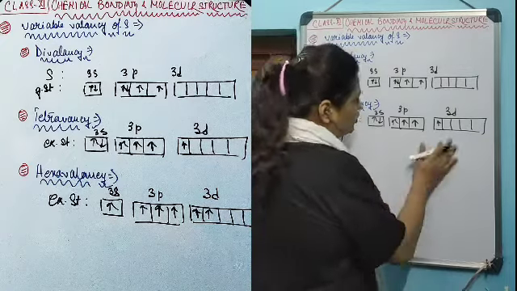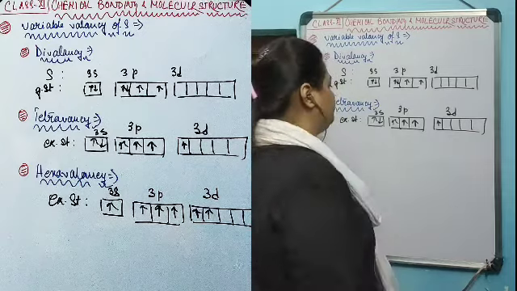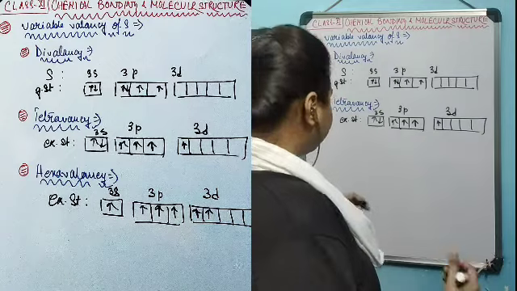In total 4 unpaired electrons are present, and these 4 unpaired electrons then take part in the bond formation as tetravalency.